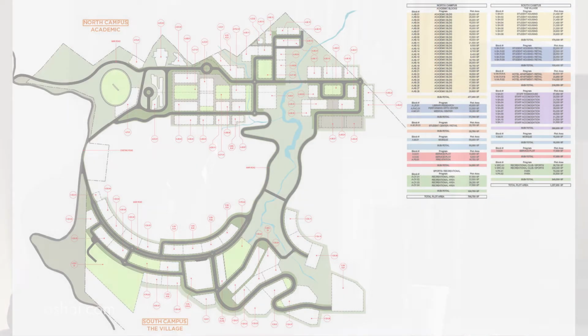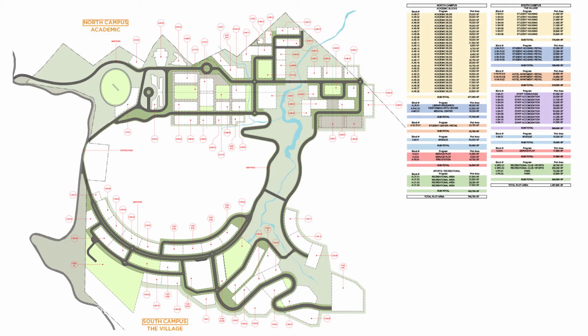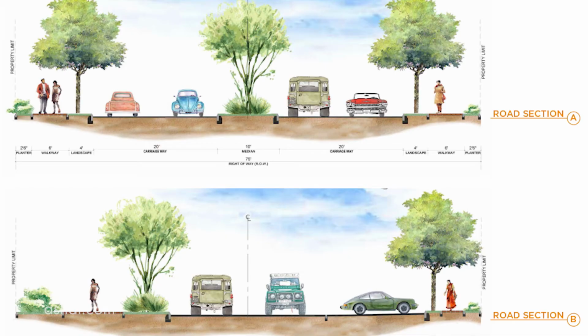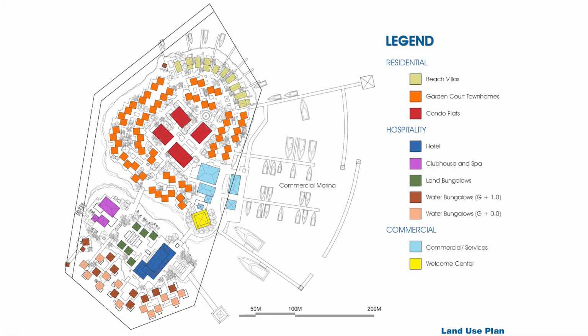A final master plan would be a computer drafted master plan. It would define roads, road sections, and sections through the site. It would explain how the topography is working. It would also create plots on the site.